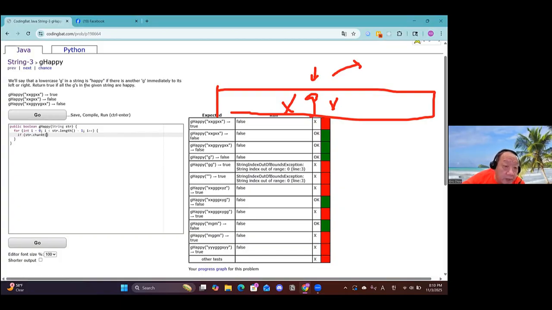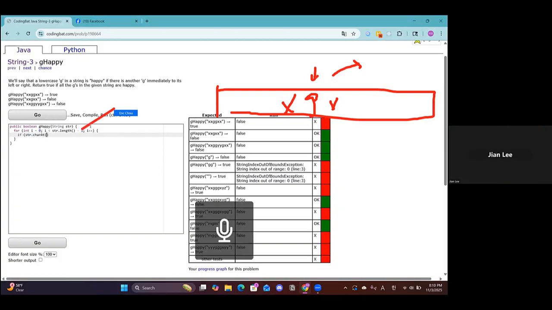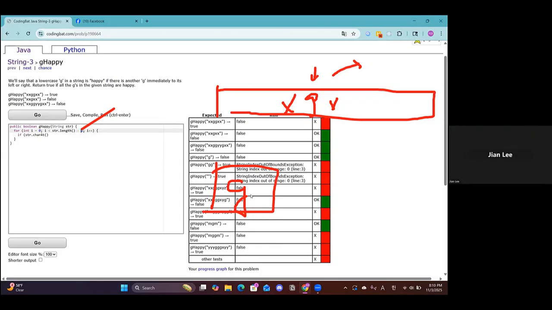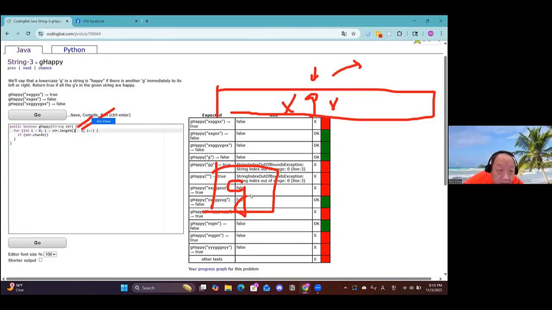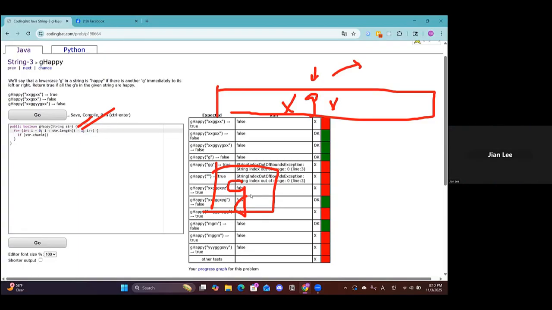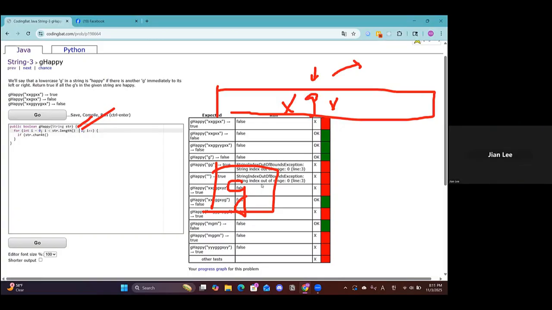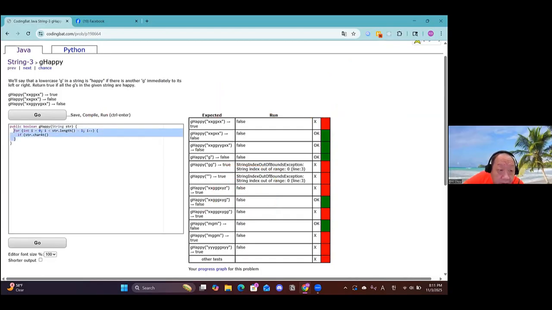So here, why is it -1? Wait. Oh, because you may have only one later. Yeah, then the last G would be unhappy. But this one, you cannot detect that right away, because you have i equal 0, then i less than 0. So it wouldn't loop, you won't loop, then what will happen?